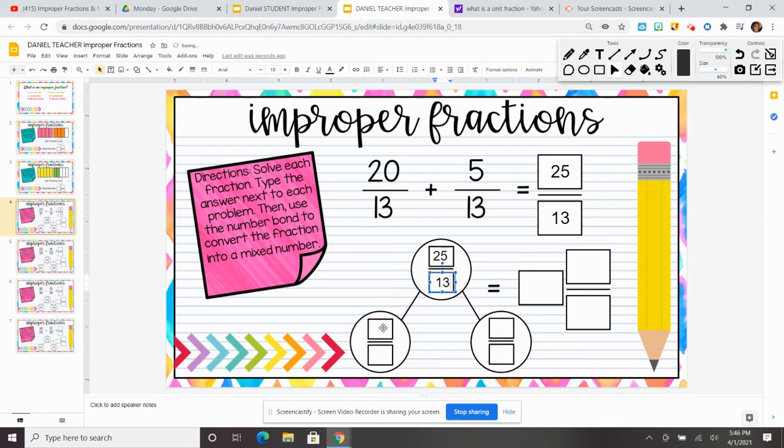In order to break down 25/13, I have to start with 13 because I know that my denominator is going to be 13. And 1 whole, if I do 13/13, that's going to give me 1 whole. So I'm going to put 1 whole here.